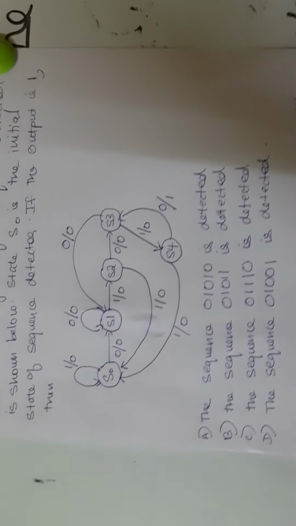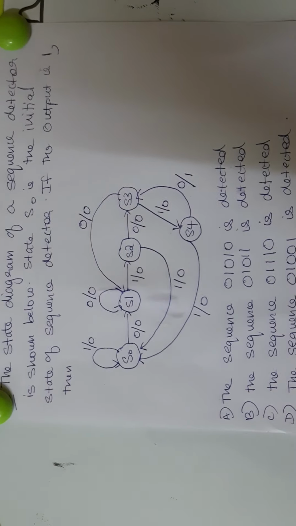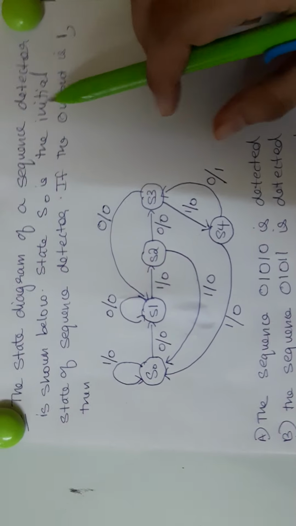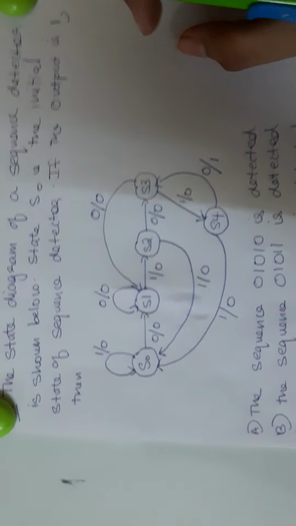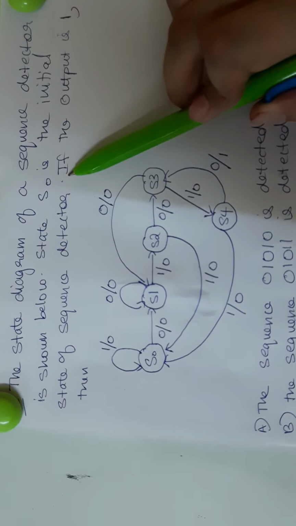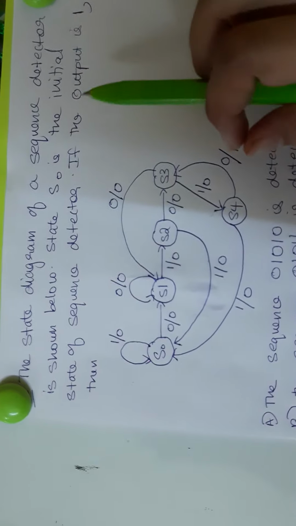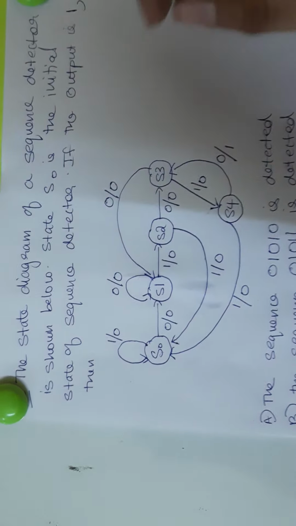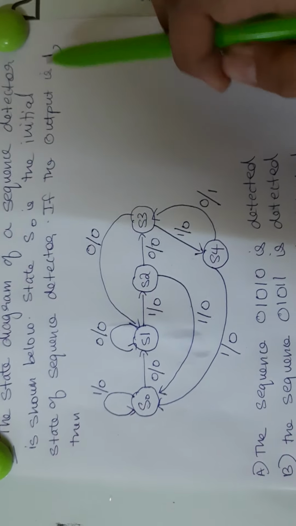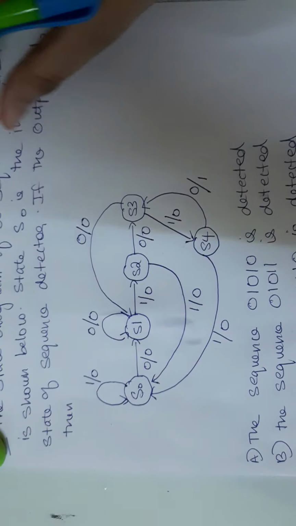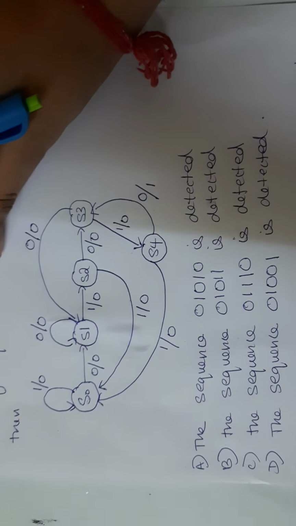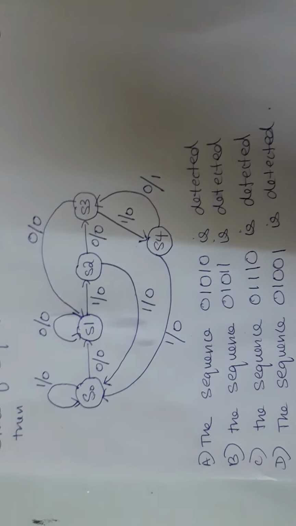Okay, so let's see the question carefully. The state diagram of a sequence detector is shown below. State S0 is the initial state of the sequence detector. If the output is 1, then we have to predict the sequence which is detected.